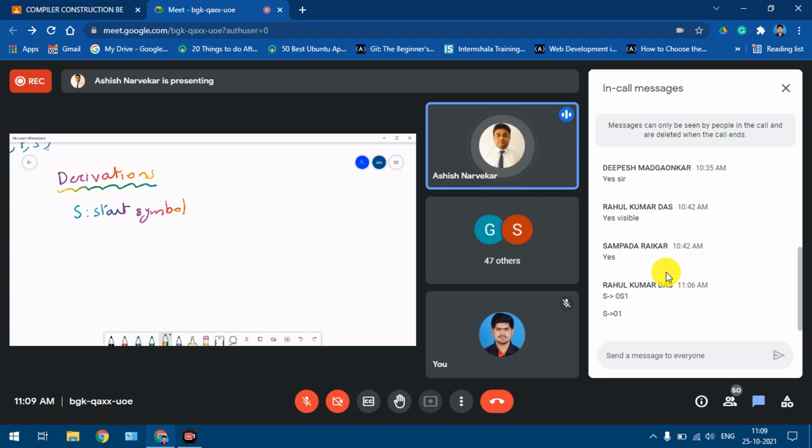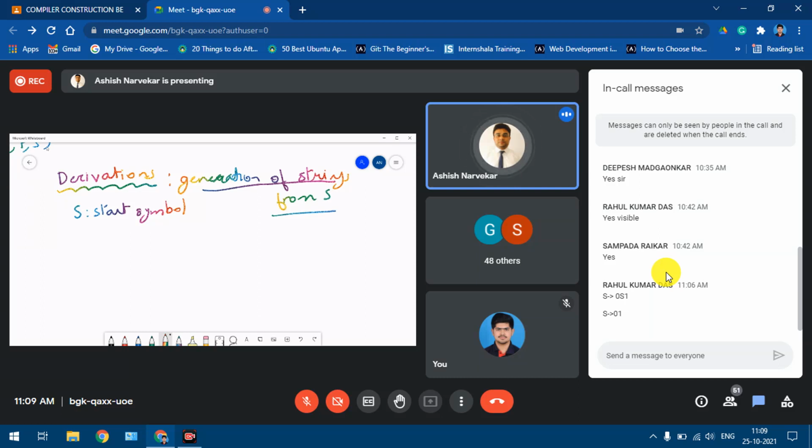So we consider that S is a start symbol. When we talk about derivations, what we need to understand is that it is nothing but the generation of a string from S. This is the simplest way in which you can define what a derivation is.